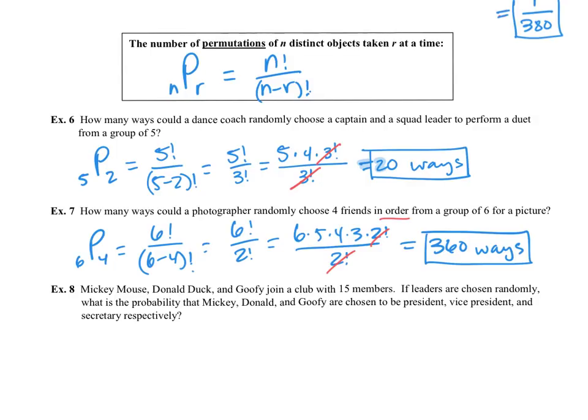Okay, so this is a permutation because we're not just saying what is the probability that a person would pick Mickey, Donald, and Goofy randomly from a group of 15. We are assigning them positions. Order matters. What is the probability that Mickey is the president, Donald Duck is the vice president, and Goofy is the secretary, respectively? So since order matters, this is a permutation. It's a permutation of 15 people taken 3 at a time.